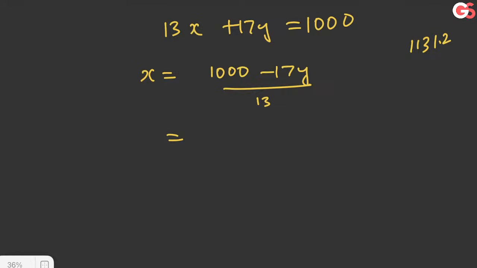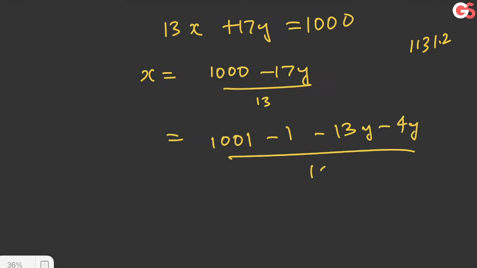13 sevens are 91, 13 sixes are 78. This is 1001 minus 1 minus 13y minus 4y upon 13 is what I can write.